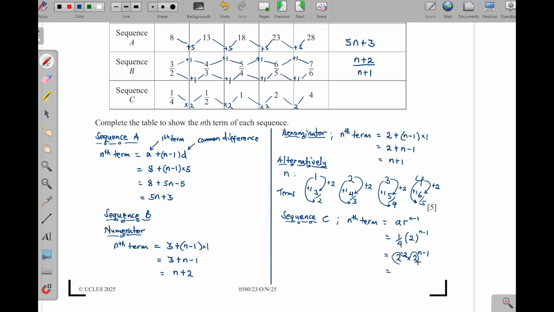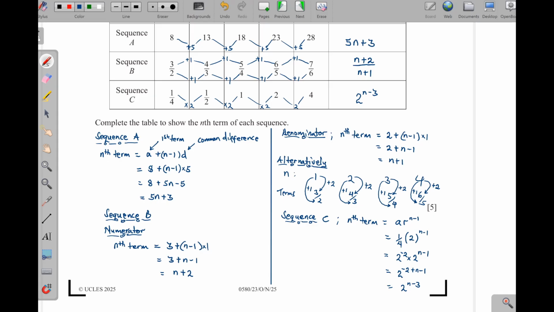Now this is multiplication. What do we do to the powers when it comes to indices? We add them. So we have this one here minus 2, then plus n minus 1. And this one gives us 2 to the power of n, then minus what? 3. So the nth term is 2 to the power of n minus 3. Okay, so that is that.